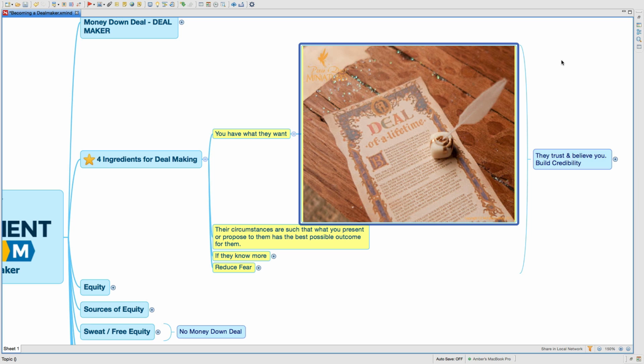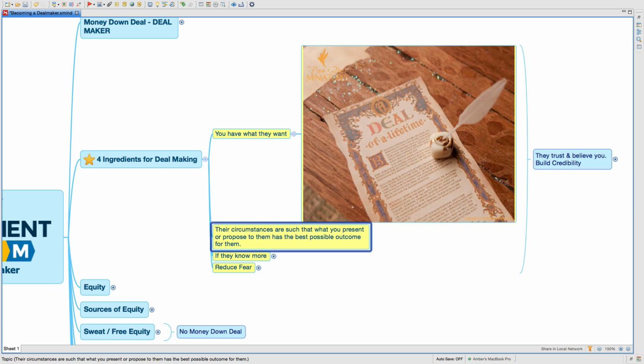So there are 4 ingredients to doing a no money down deal. Number one, you have a deal of a lifetime, or their circumstances are such that what you present or propose to them has the best possible outcome for them as compared to their current situation. So always make sure that you compare and contrast with what they've got on hand.